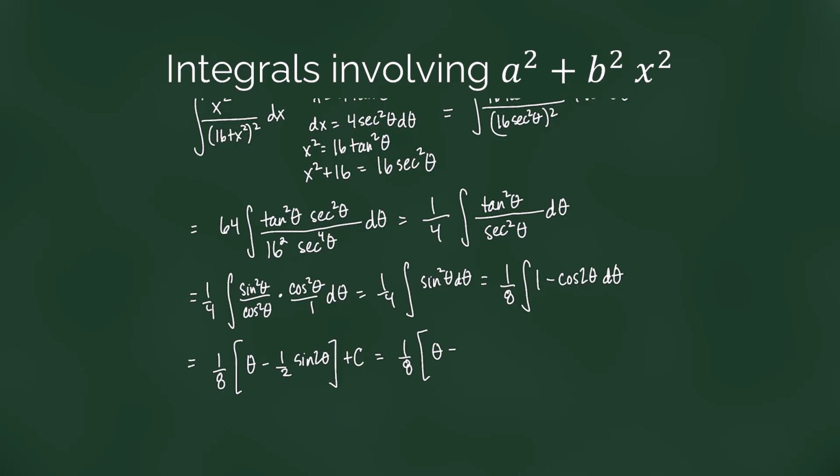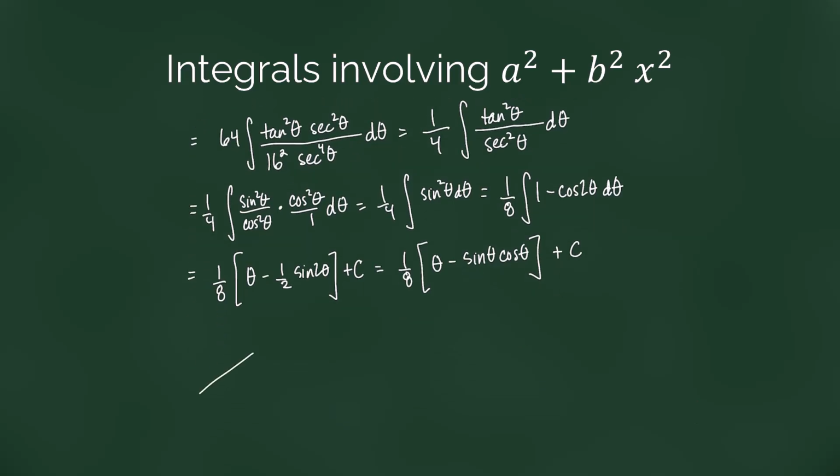Our job is now to replace theta, but first we'll rewrite sine of 2 theta as 2 sine theta cosine theta, but the 2 and the 1/2 cancel. So now we're going to look for replacements for sine of theta and cosine of theta, along with theta itself. So we go back to our triangle.